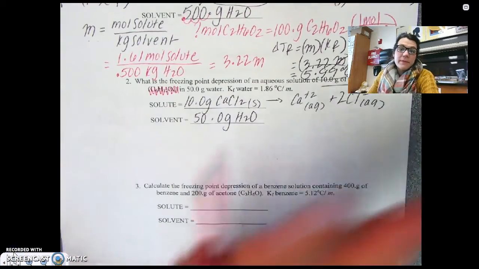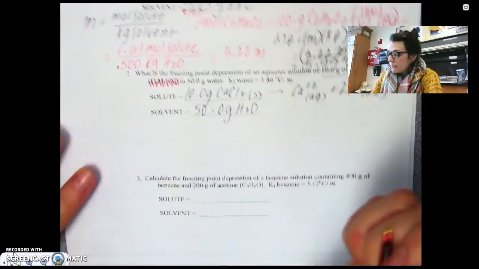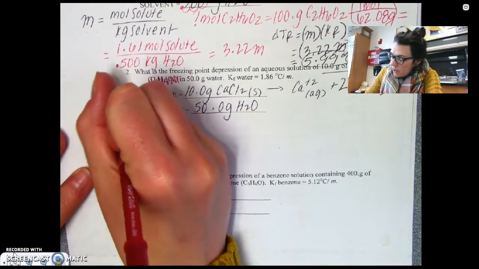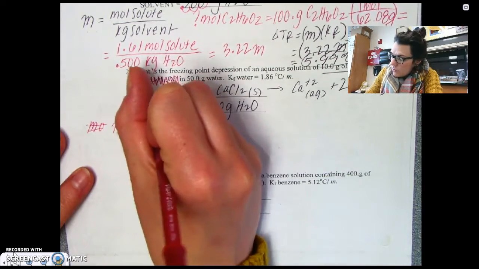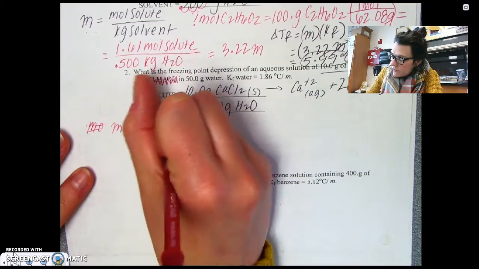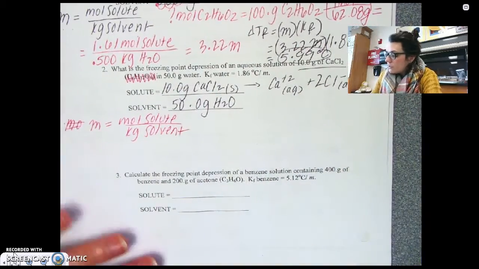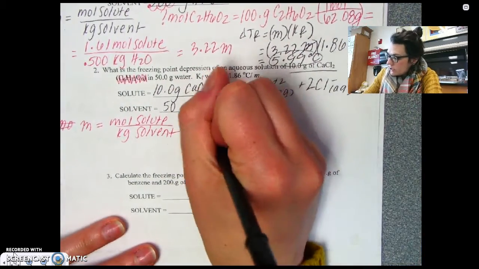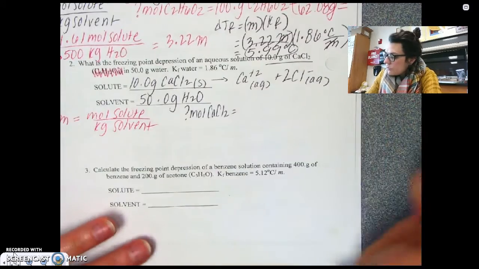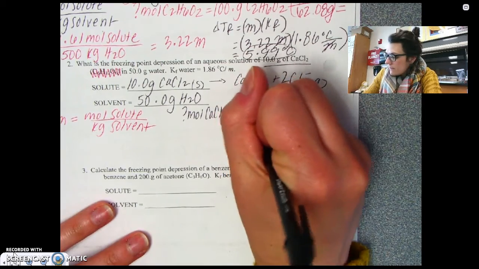So we're going to do the same thing that we did before. I'm going to calculate my moles of solute. My molality is equal to moles of solute divided by kilograms of solvent. But again, I'm not given moles of solute. So I have to find the moles of calcium chloride. I'm given 10.0 grams of calcium chloride.